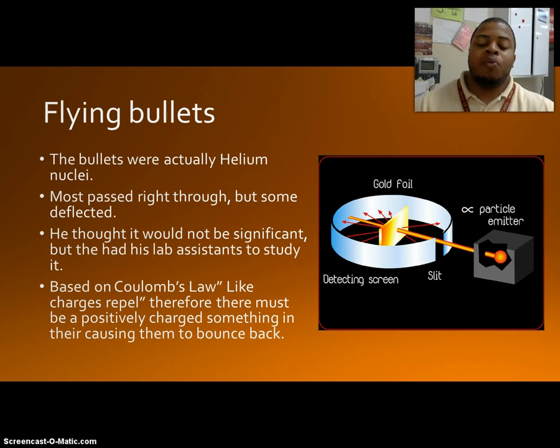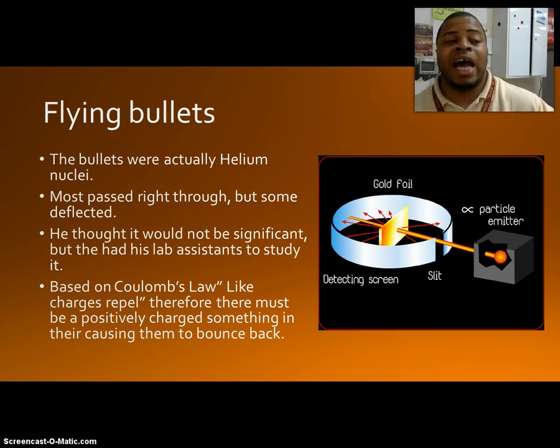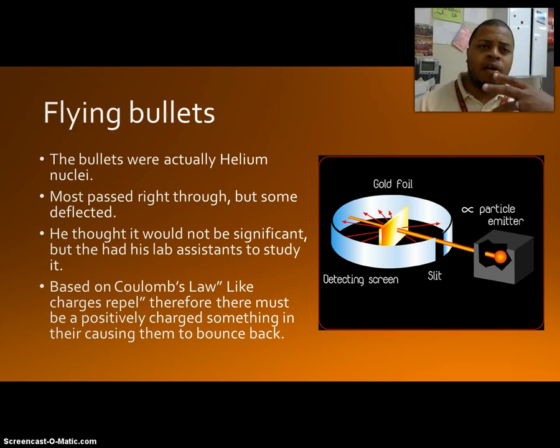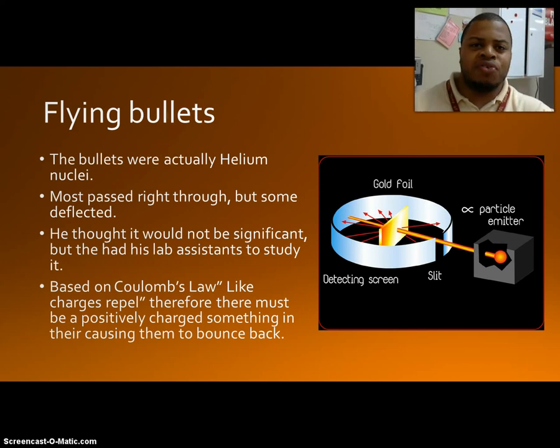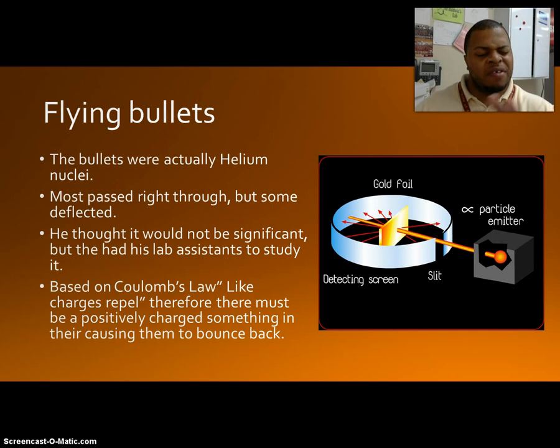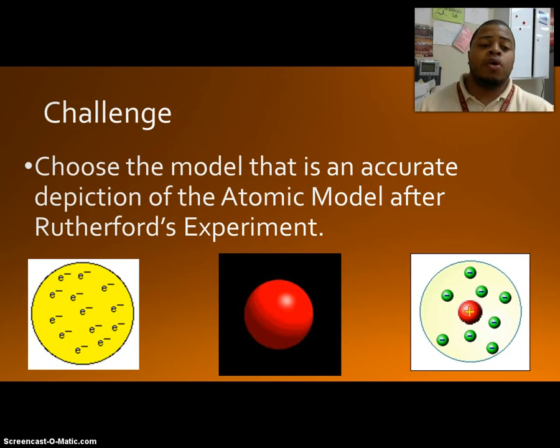That being the case, we were able to change, again, the idea that we had for this model. Now, in this time, I don't think they necessarily drew the picture and said, okay, this is the model of the atom. But I want you to take the information that we've covered thus far, and I want you to make a decision. I want you to choose which of these atoms is the current model, at least up to the time of Ernest Rutherford.